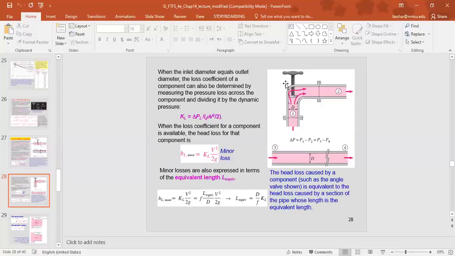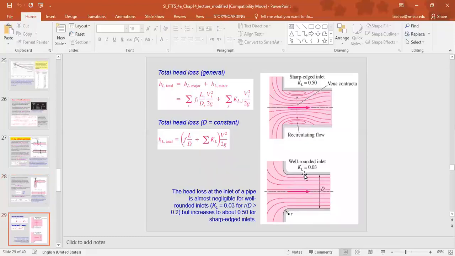It's the length that must be added to the pipe to replace the component. So simply, we assume that this component is equivalent to a length of pipe. We equate the loss that this component causes to a major loss, and by this we calculate the equivalent length. The equivalent length would simply be the diameter divided by the friction factor times the loss coefficient of that component.